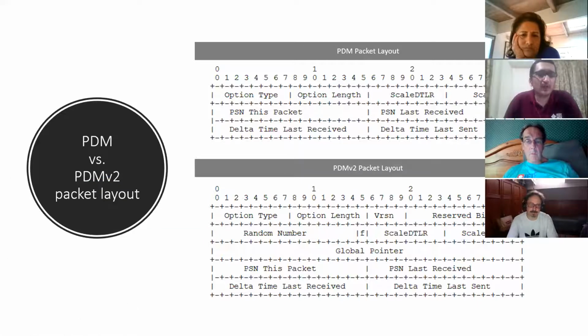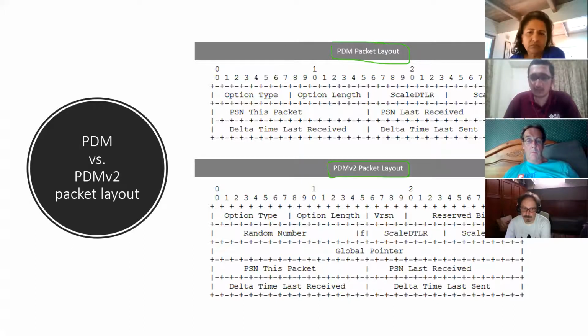Okay, so PDM versus PDMV2 packet layout. So this is the original PDM packet layout, and this is the new one, which we have just shown the unencrypted one over here. Just to recall these fields, we have packet sequence number.